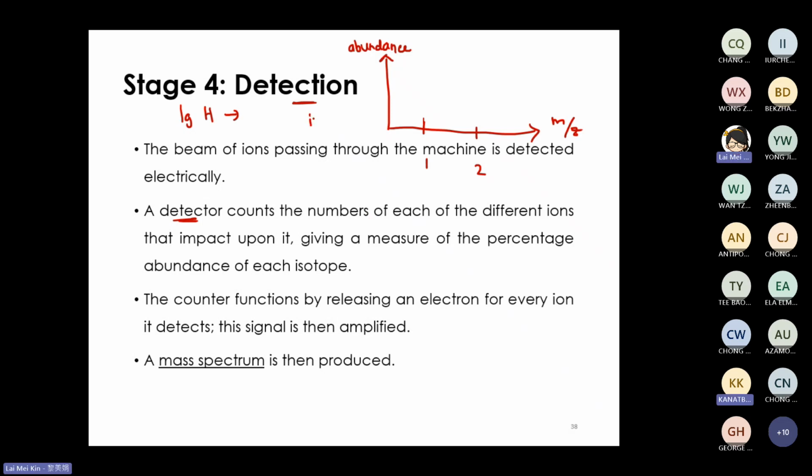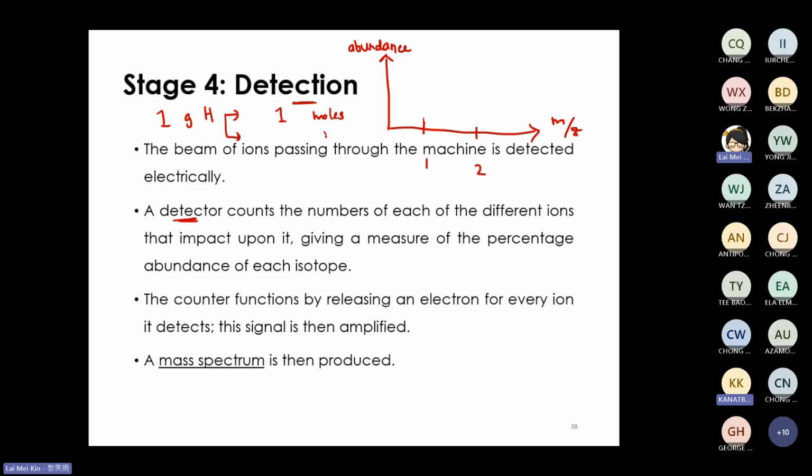How many ions can be formed? You know, 1 gram of hydrogen. How many ions will there be? Don't twist your mind already. 1 gram of hydrogen, how many moles? 1 mole.